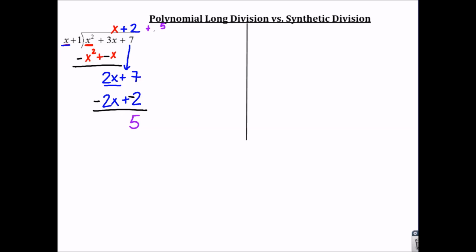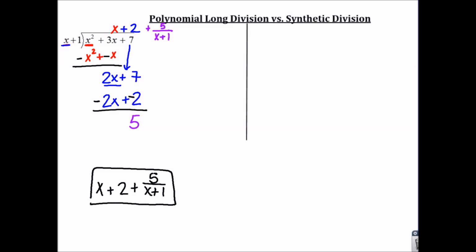So I had 5 left over, and I was dividing by x plus 1. So my final answer here is x plus 2 plus 5 over x plus 1, which doesn't look like it would be helpful because it looks more complicated than the original problem.